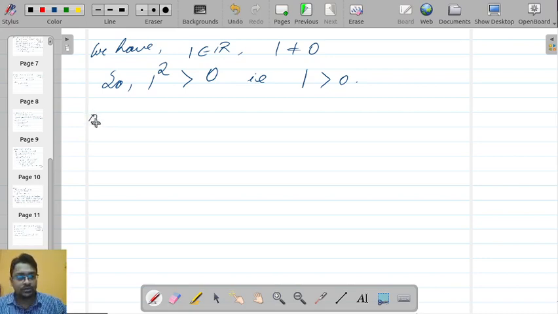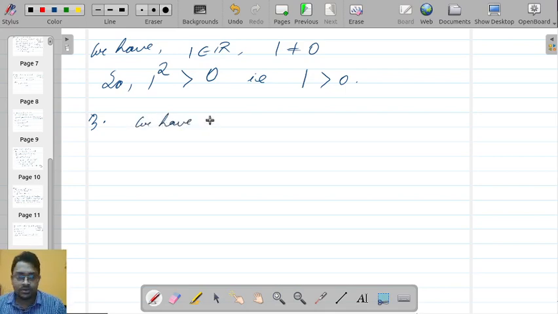Number C, or number 3: we have to prove that if n belongs to natural numbers, then n has to be greater than 0. So we will use mathematical induction here. To prove: n belongs to natural numbers implies n is greater than 0.